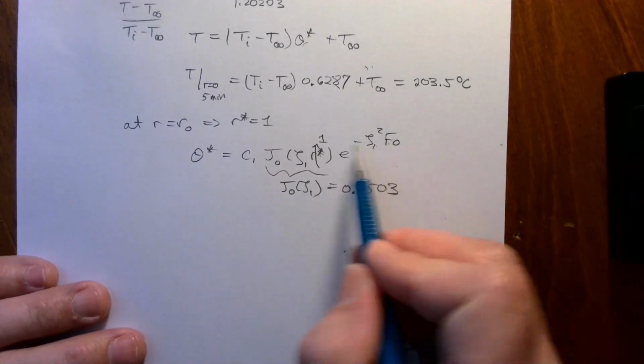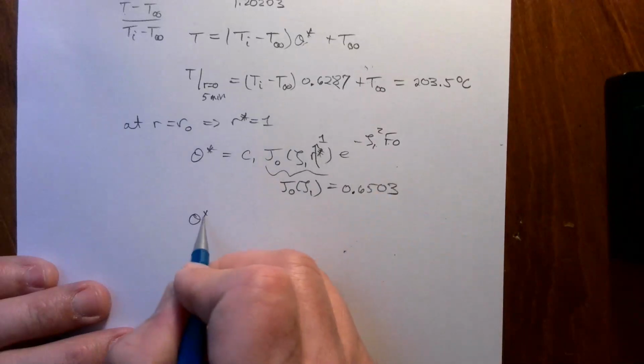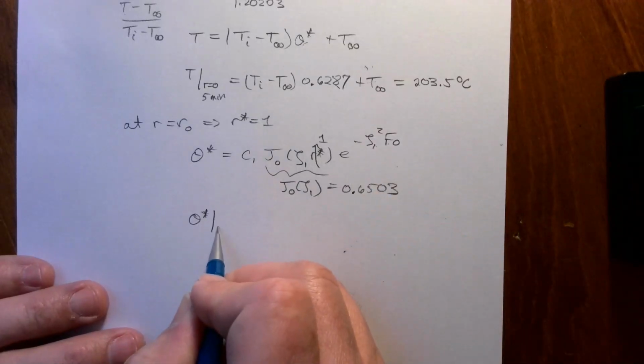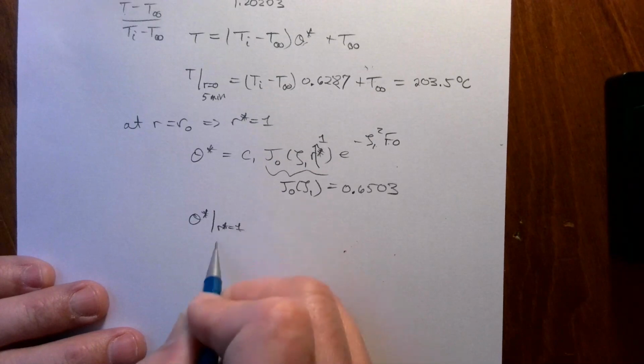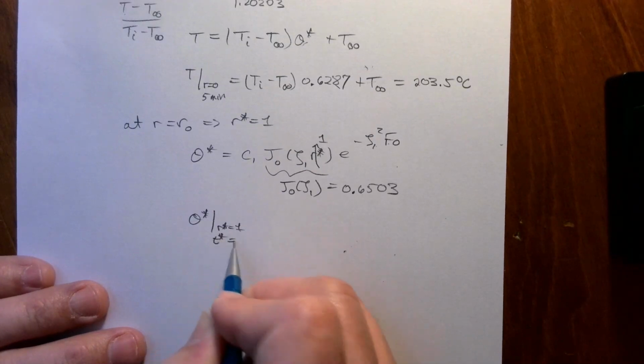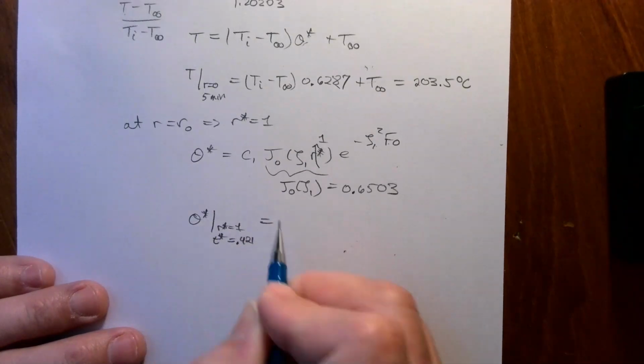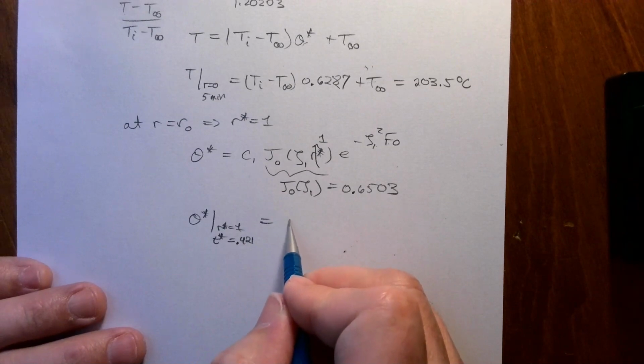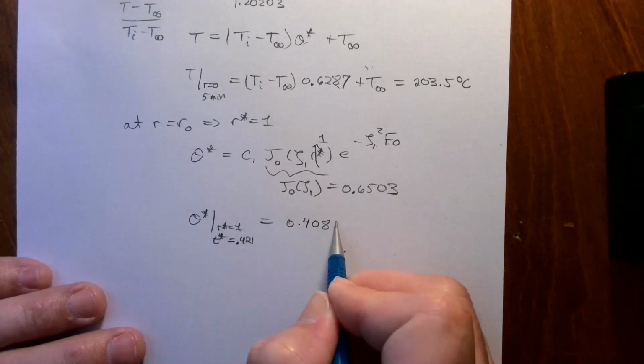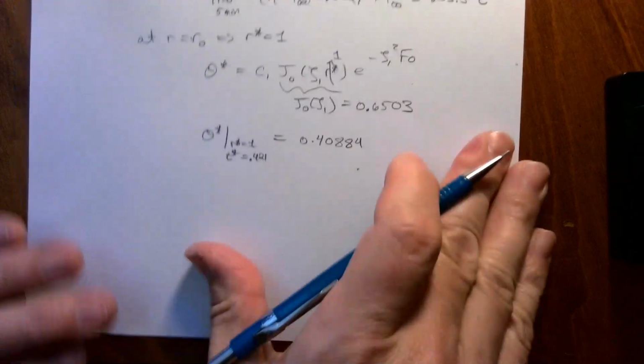So substitute in the rest of these numbers. Theta star at r star equal to 1, t star equal to 0.421, is equal to 0.40884.